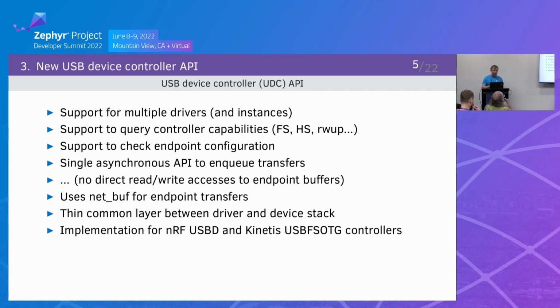The Nordic implementation uses a shim approach, and Kinetis USB OTG uses a native driver, and the Kinetis controller is a simple one. So if someone would like to add another driver, there are two that can be used as reference.